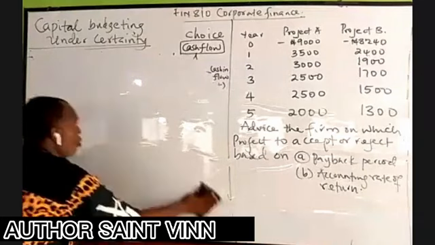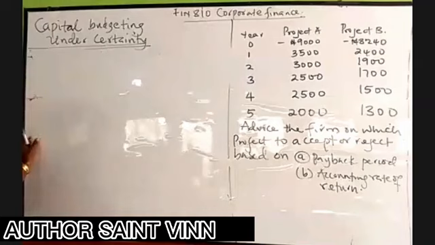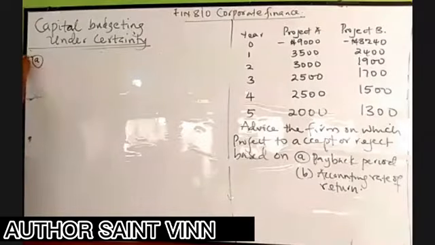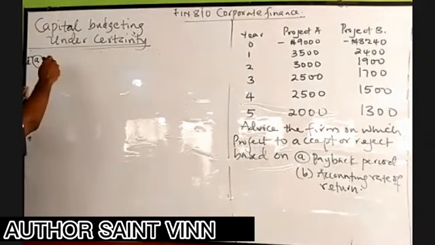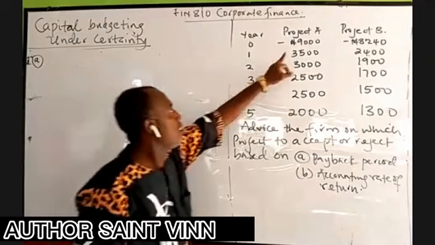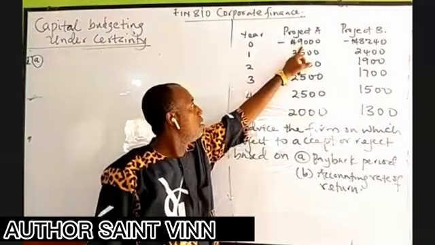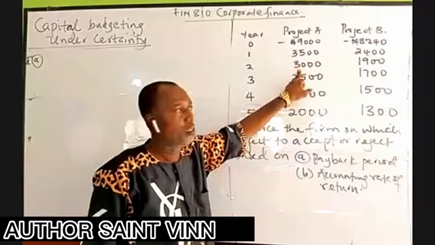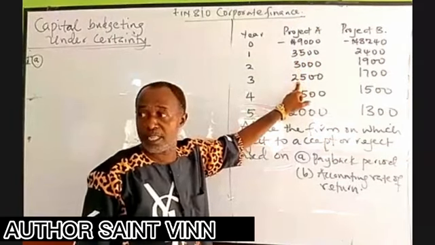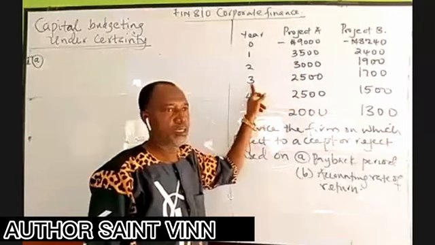Very good. So with that, we want to solve Question 1A, using the payback period. In that period, we're looking at project A. Look at project A very well. This is 9,000. This is 35. Plus this. Plus this. 9,000. How many years?